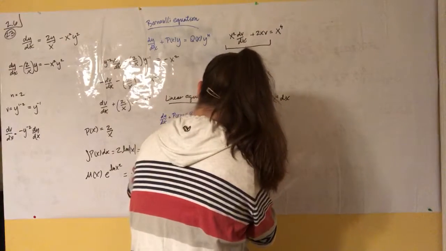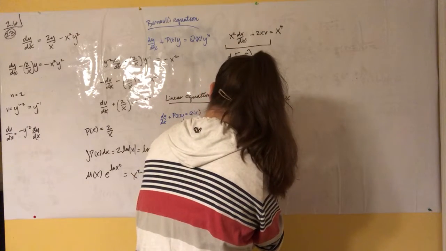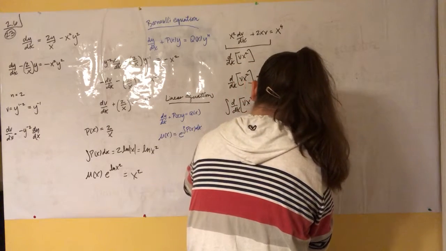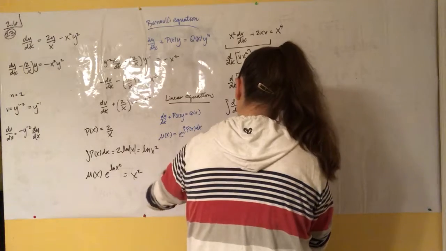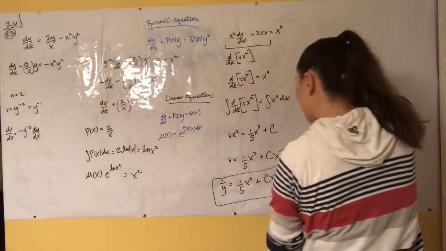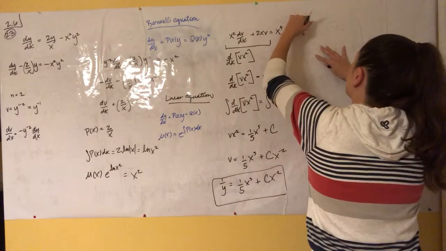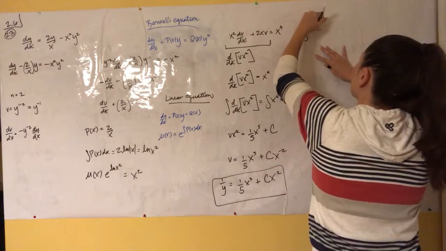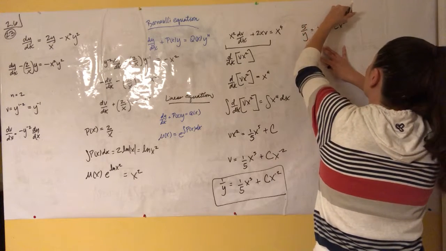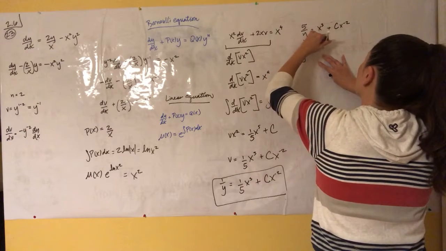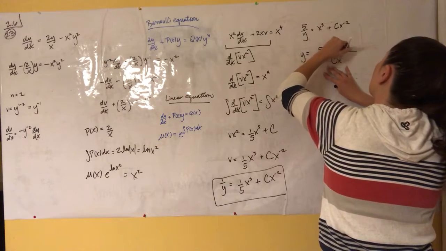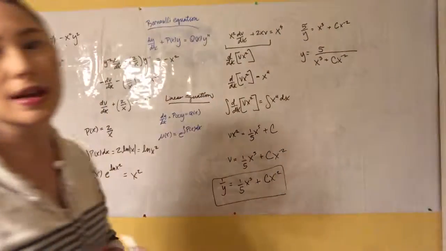So 1 over y is equal to okay, you can leave your answer like that if you want to, or if you don't feel good about that, you can do this. You can also use that as your answer.